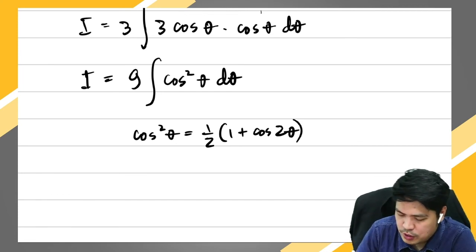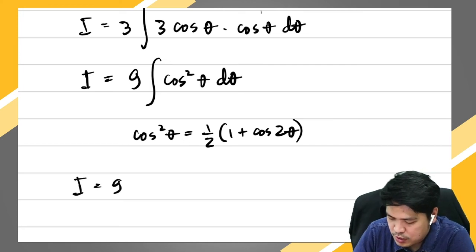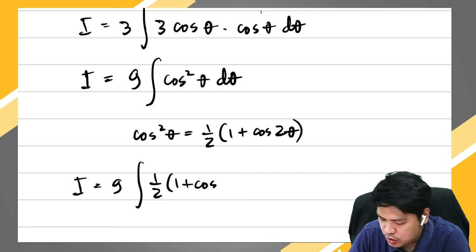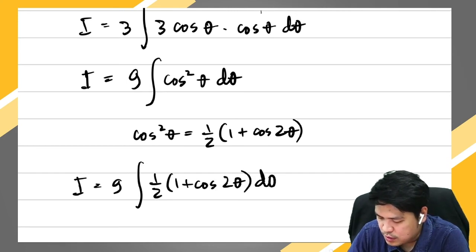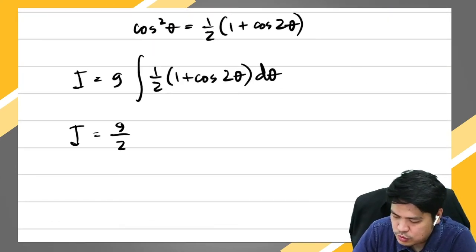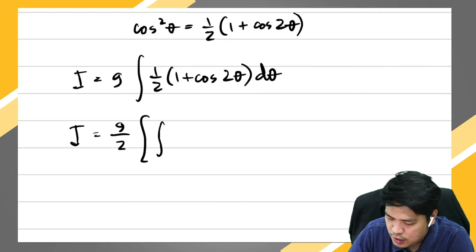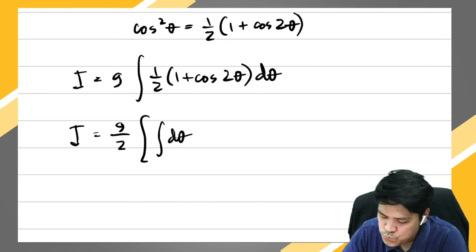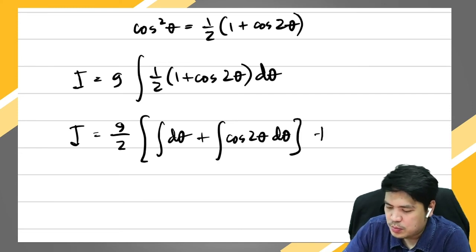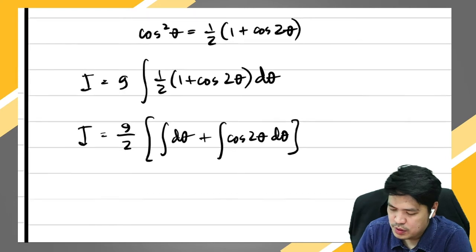Okay, so therefore I is equal to 9 times the integral of 1/2, 1 plus cosine 2 theta d theta. So therefore I is equal to 9 over 2 times the integral of d theta plus the integral of cosine 2 theta d theta. Mamaya na plus c.